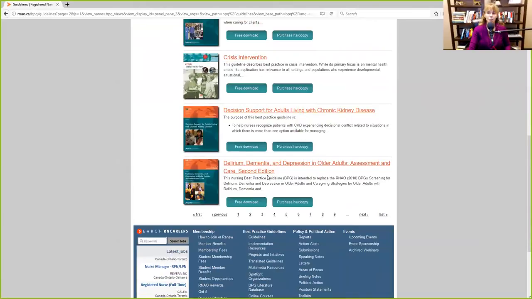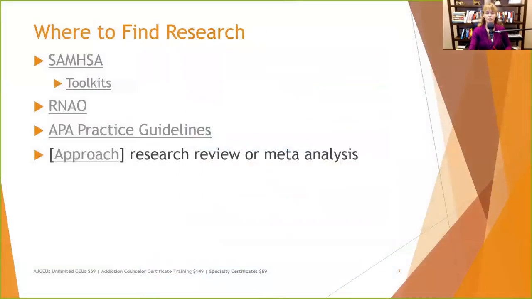Delirium, dementia, and depression in older adults, assessment and care. This is going to apply to us. There's going to be some information about medication in there, but there's also a lot of counseling that nurses do. So there's obviously like 15 pages here that you could go through and find different research-based practices.